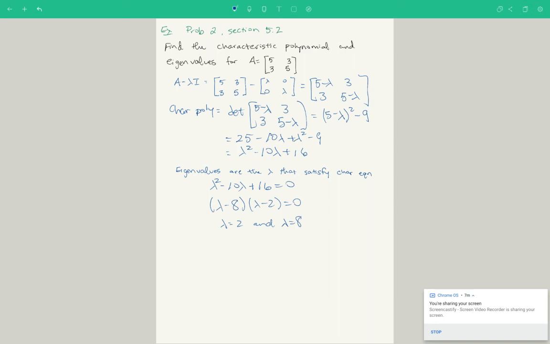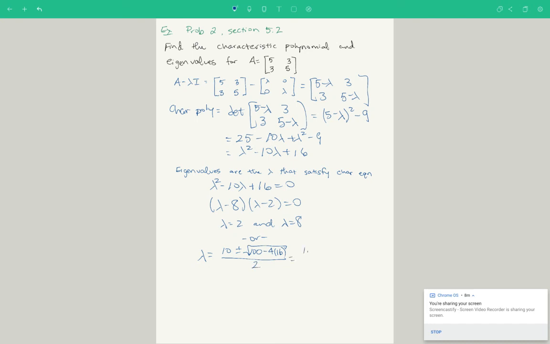Of course, if it didn't factor so nicely, or if we didn't see that, we could use the quadratic formula. So let's go ahead and try that out. So lambda would equal the opposite of b. So here b is our minus 10. So we get 10 plus or minus the square root of 10 squared, minus 4 times 1 times 16, all over 2.